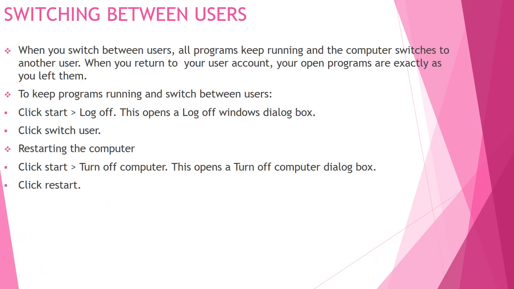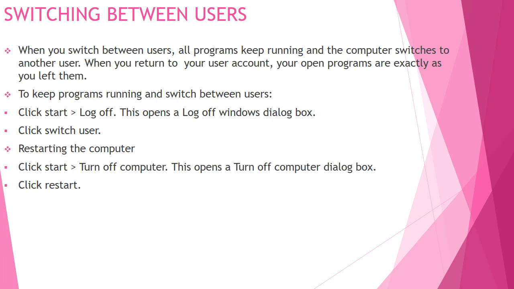Switching between users. When you switch between users, all programs keep running and the computer switches to another user. For example, swipe down from the top of the home screen, tap the user icon, and tap the user you want to switch to.